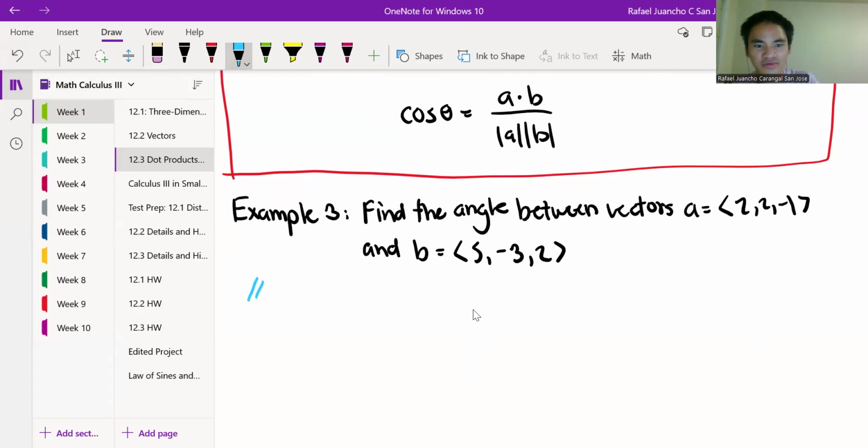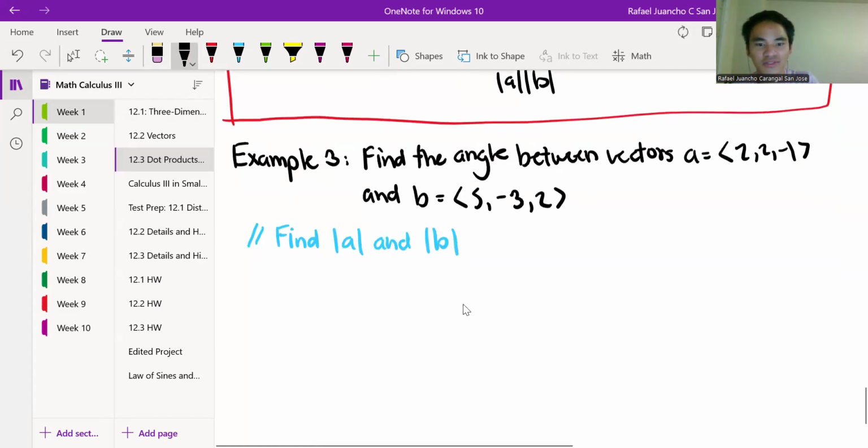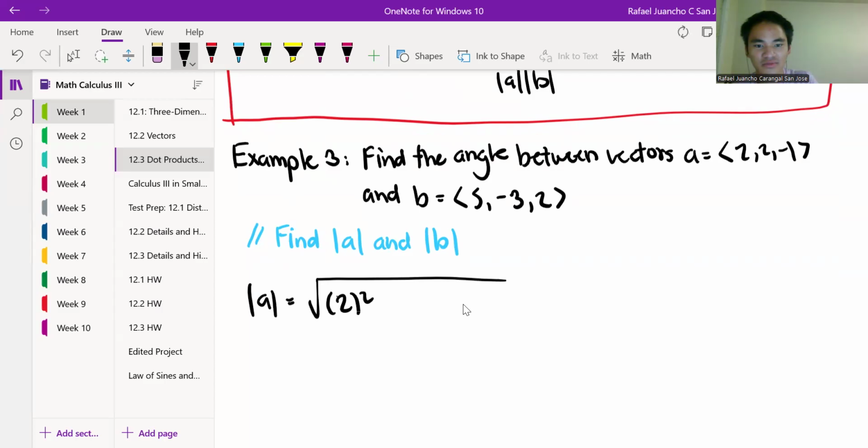We just use the distance formula. So we have 2 squared, 2 squared, 1 squared, 4 plus 4 plus 1, so 9, 3.